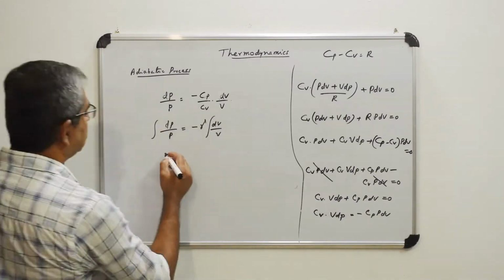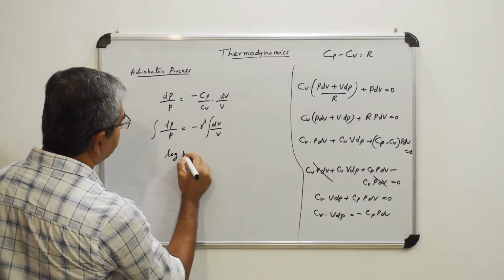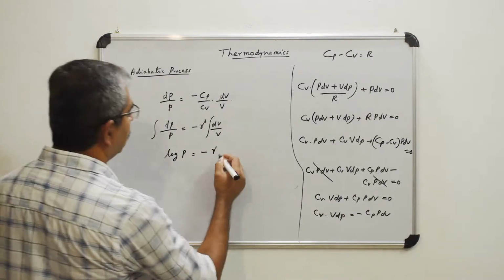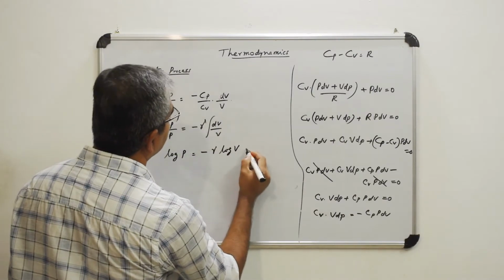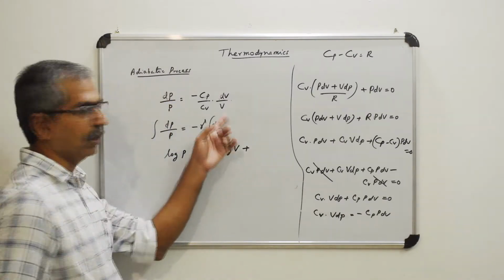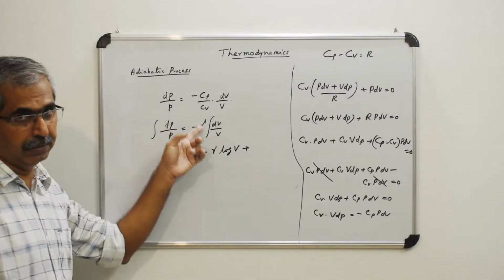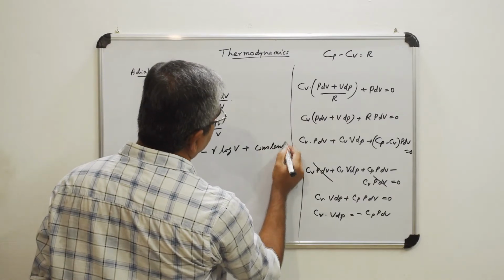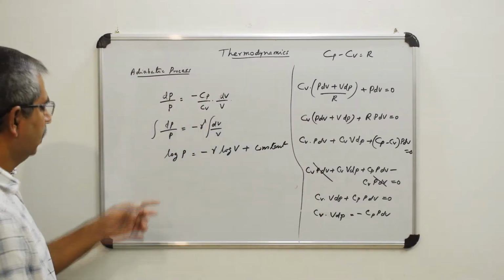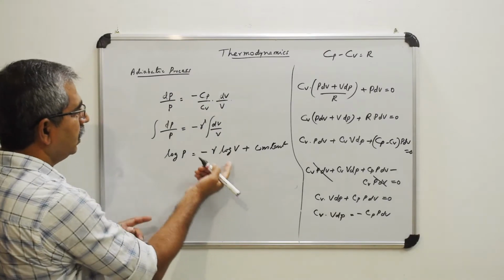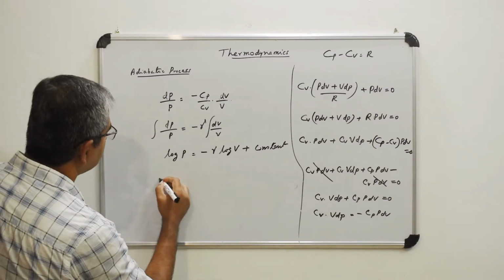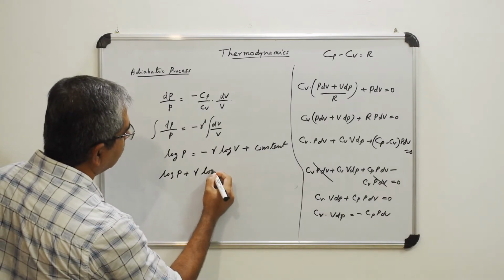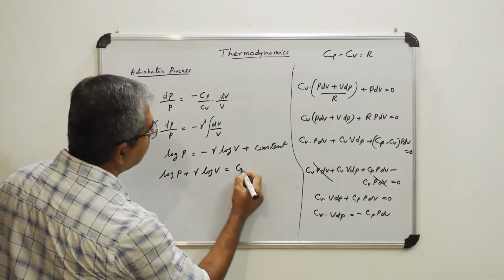Integral dP by P is log P. Okay. Log P is equal to minus gamma into integral dV by V, which is log V, plus a constant of integration. We haven't applied the limits. So the constant of integration is a constant. Now you take this to the left side, so this will be log P plus gamma log V is equal to a constant.